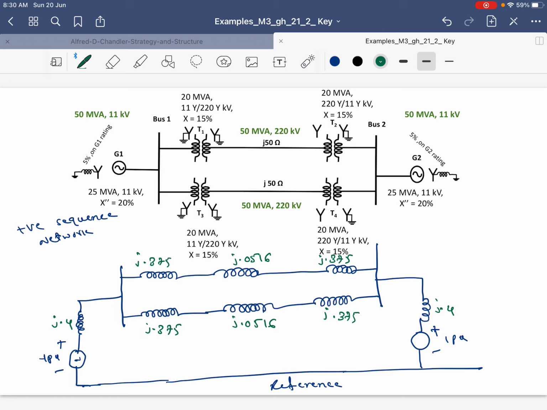As such, there is not much difference between the positive and negative sequence networks. Only in the negative sequence, the values are the same, and there is no source present in generator 1 and generator 2. Okay, we'll draw that diagram also.